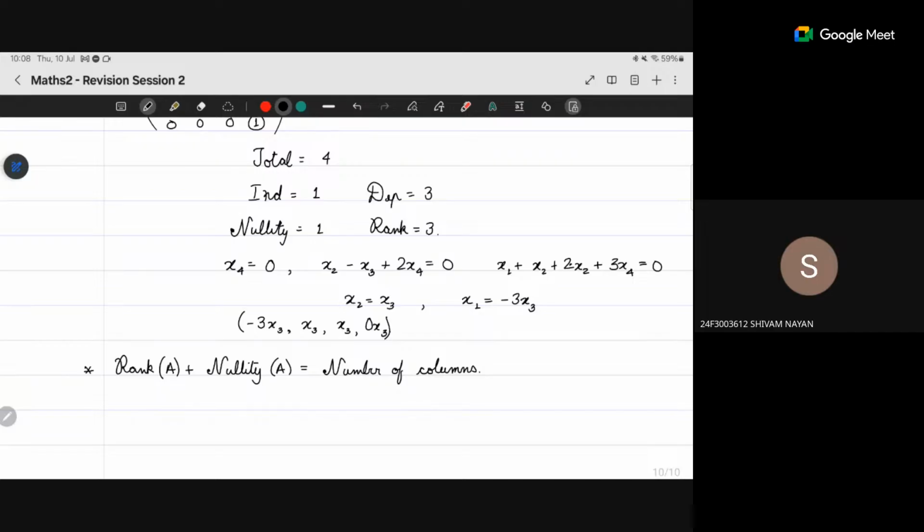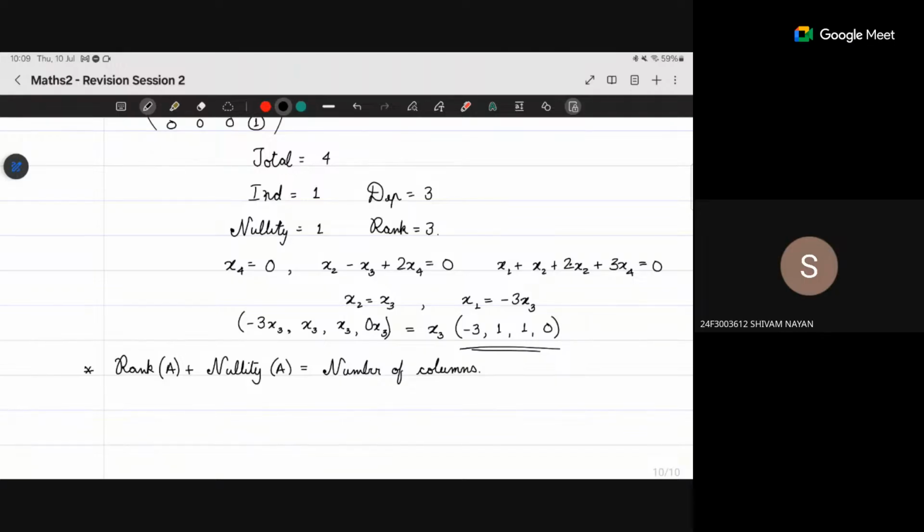If you have more independent variables, for example if x3 and x5 were the independent variables, then you would have ax3 plus bx5 in every entry. Anyway, you can split them, and this can be written as x3 times (minus 3, 1, 1, 0). So the single element set {(minus 3, 1, 1, 0)} is a basis for the null space.